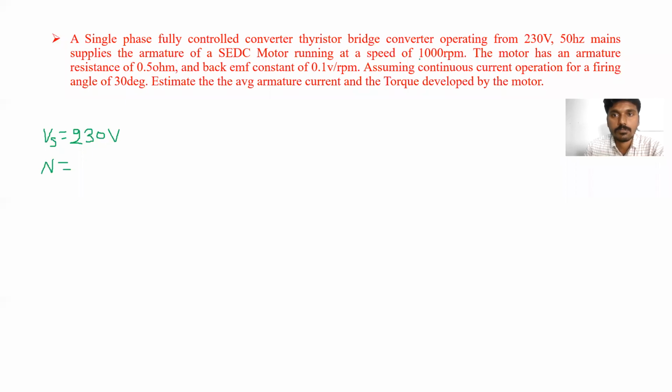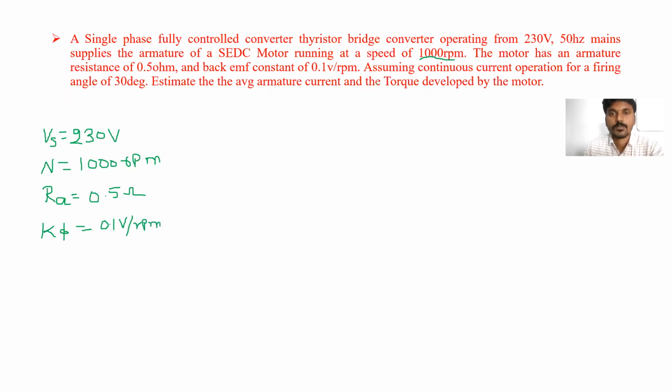N is equal to how much is given in the numerical? 1000 rpm. Yes. And the armature resistance is 0.5 ohms, Ra is equal to 0.5 ohms. And next, it has given the motor constant Kφ is equal to 0.1 volt per rpm.